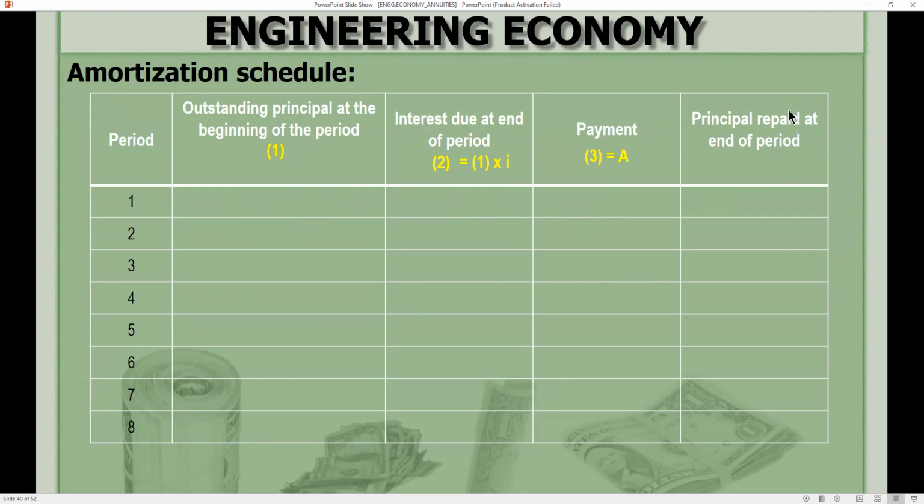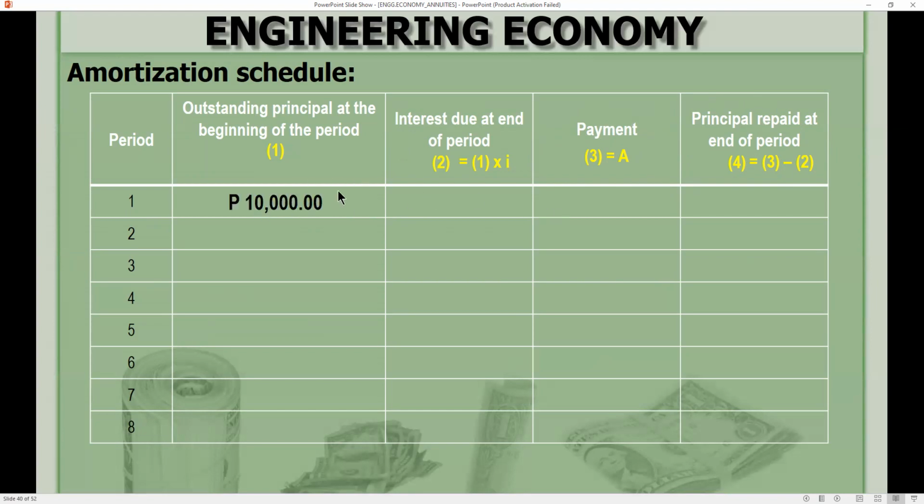And then, the principal repaid, column 4, is 3 minus 2. Because in your annuity payment, part of the payment is the interest. So, if you deduct the interest, the remaining amount is your repayment of the principal. So, 3 minus 2.